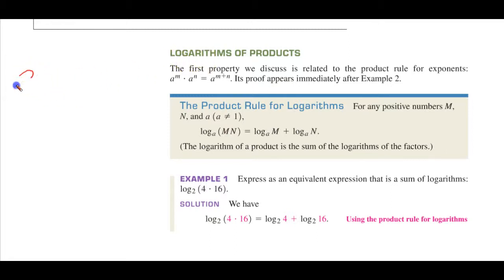And if we had a to the m times a to the n, in which our bases are the same, the result of this is we just add our exponents. So it becomes m plus n. And the proof of this will be in example 2 that we'll see here shortly.